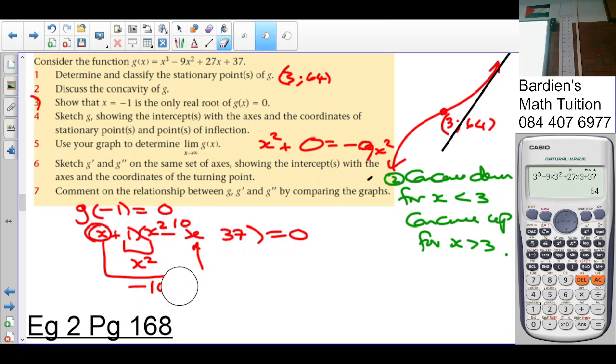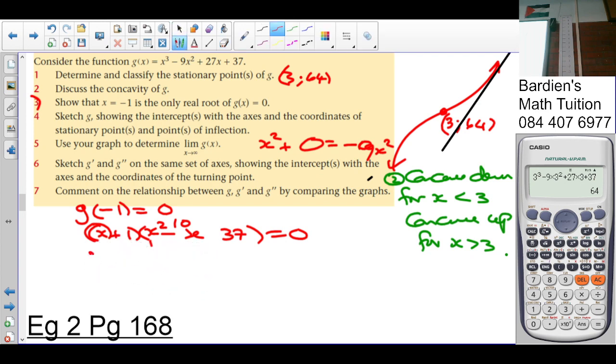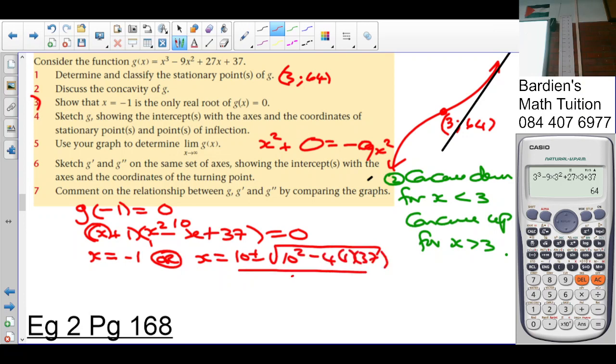So if you work this out and you put this in your quadratic formula, we can say x is equal to minus 1 for sure, or x is equal to 10 plus minus the square root of 10 squared minus 4ac, over 2a. So if you work this out, you will see that under the root it must be a negative value.